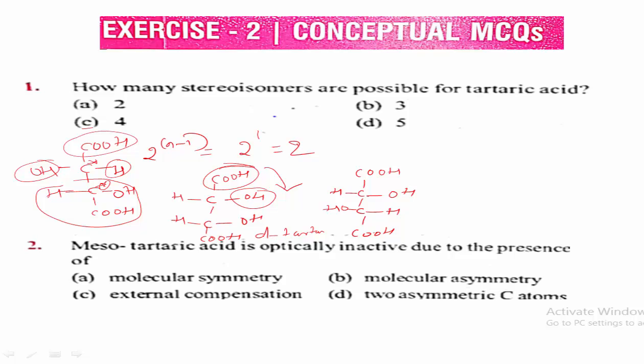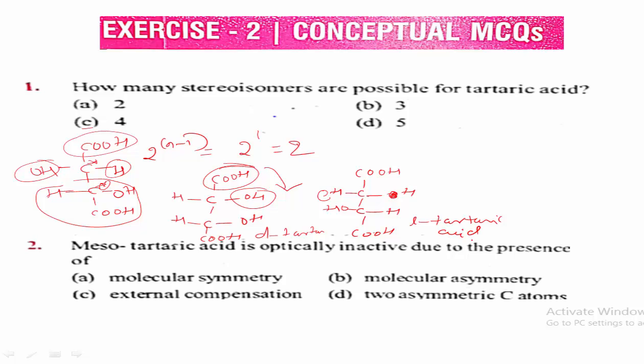And here, if the OH group is present on the other side, if I change this one here, if I write OH and this one is only H, here we move in the anti-clockwise direction. Therefore this is an example of L-tartaric acid.